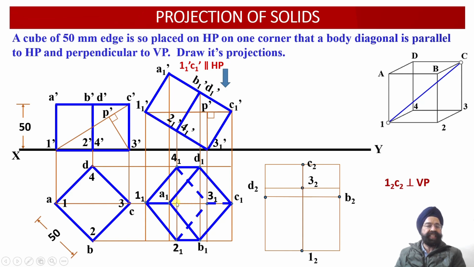You measure this distance, move to the boundary, so this distance will give me 2,2, this distance will give me 4,2. Again you can check, this distance we will measure equal to this distance. Let me draw. And now once you go to the boundary, 2,2 and 4,2 will be located.